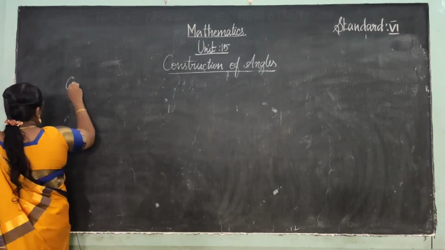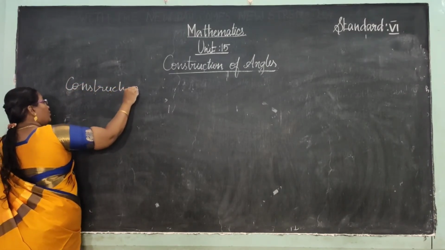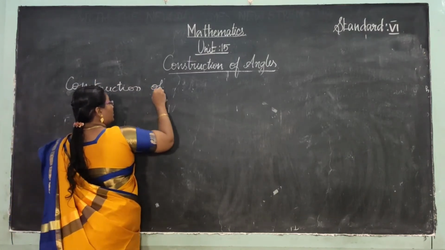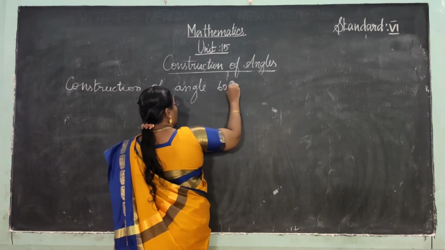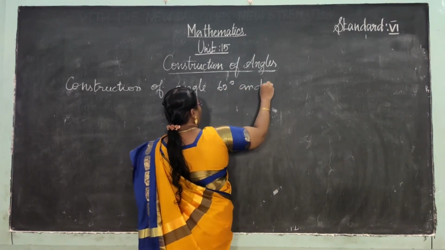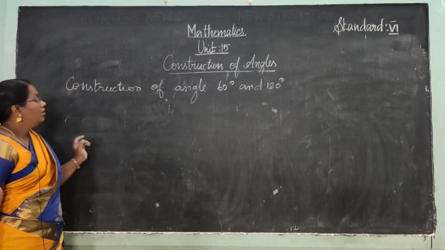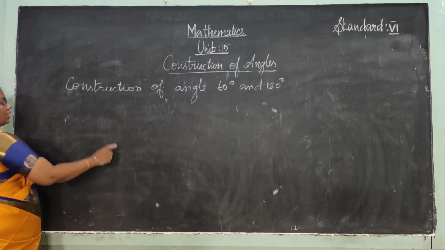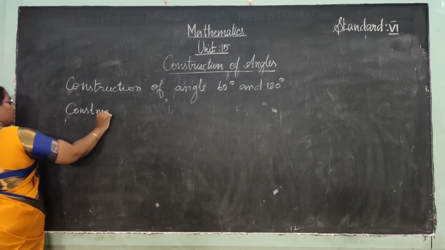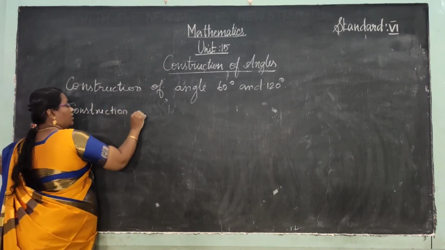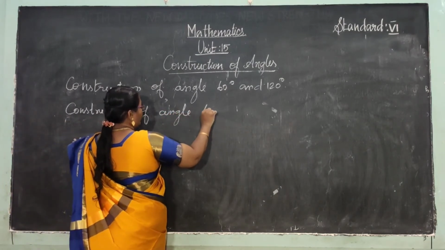So first, construction of angle 60 degree and 120 degree. First you see the construction of angle 60 degree.